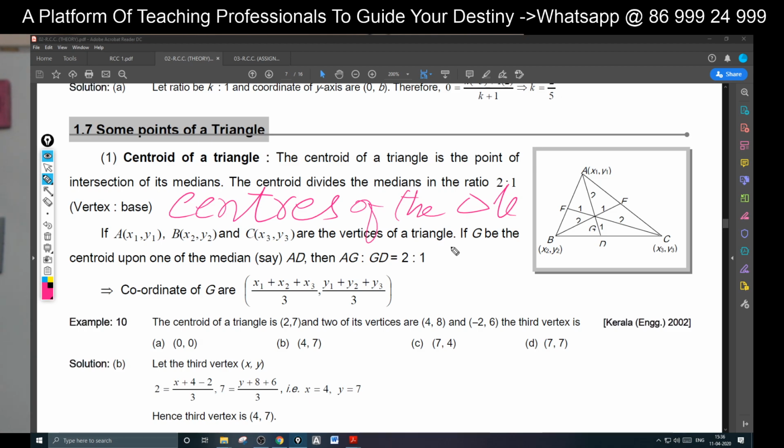Now what I do, I'll explain it on the board, which is known to you. The centers of the triangle, the definitions are very much given in your lower classes itself. So, let me explain that on the board, just to revise the things.